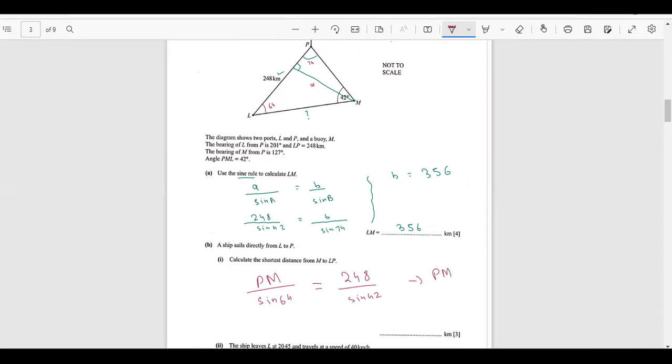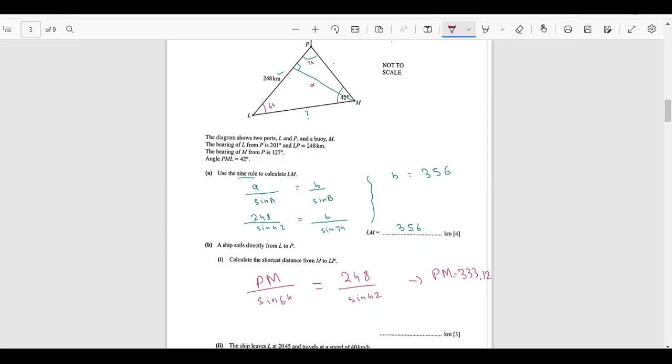So this should give you PM equals 333.12. Please check this. This should be your answer. I'll wait for a minute to simplify this and make sure that you guys are getting the same value. Okay, this was PM.